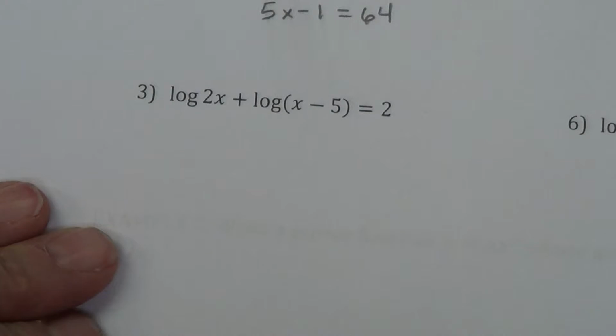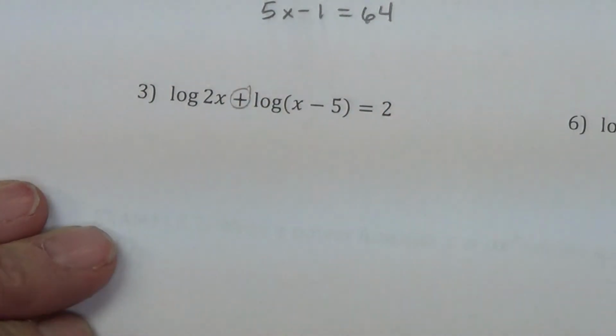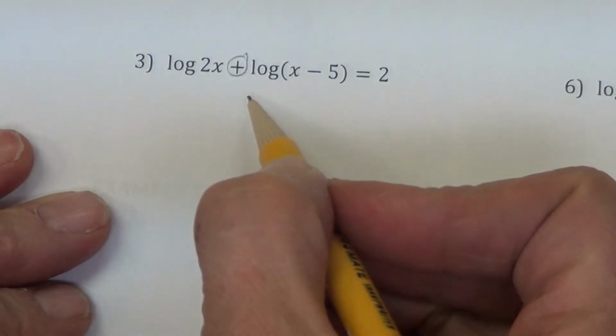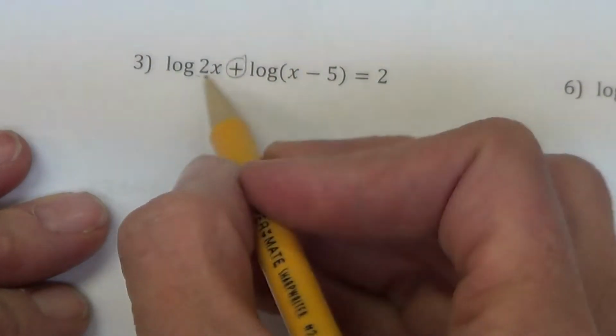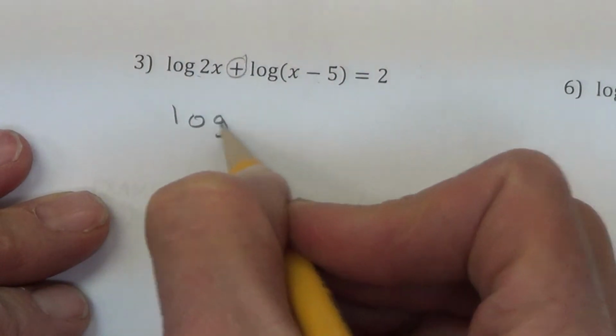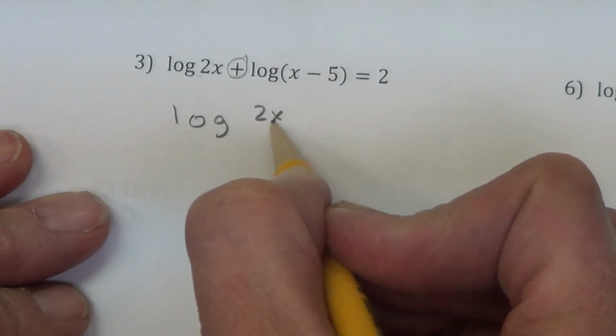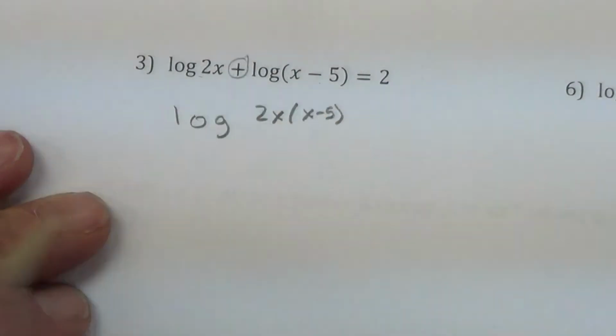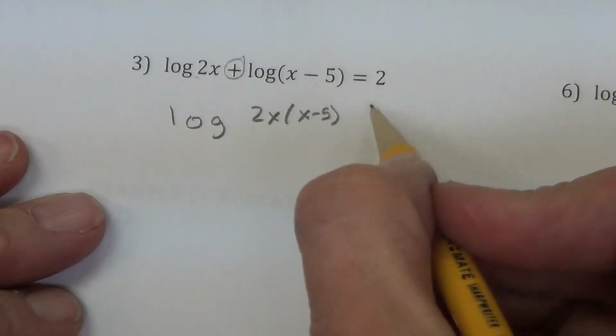Next one. Well, this one looks a little bit more complicated probably, because all of a sudden we're seeing, oh, wait a minute, we have a plus in between these, and we still need to get rid of those logs. So the first thing we have to do is use our skills that we've practiced with condensing. Plus would mean that they're being multiplied, so we can write one log to the front of them, and we can take 2x times x minus 5, equals 2.